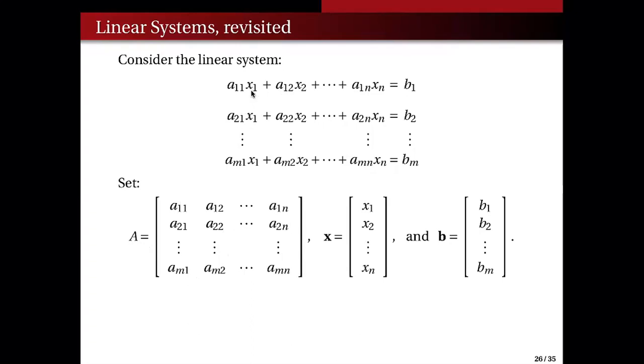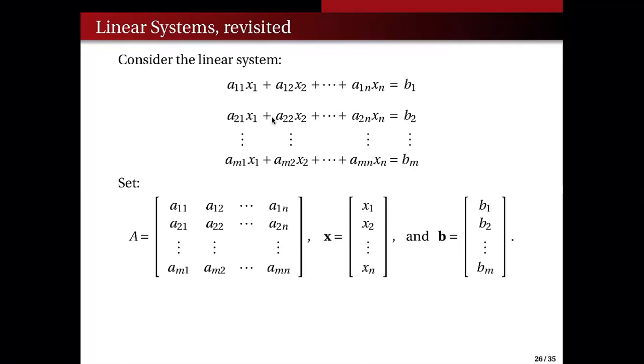We put the variables x1, x2 until xn into a single column vector x, and the constants b1, b2 until bm into a single column vector b.